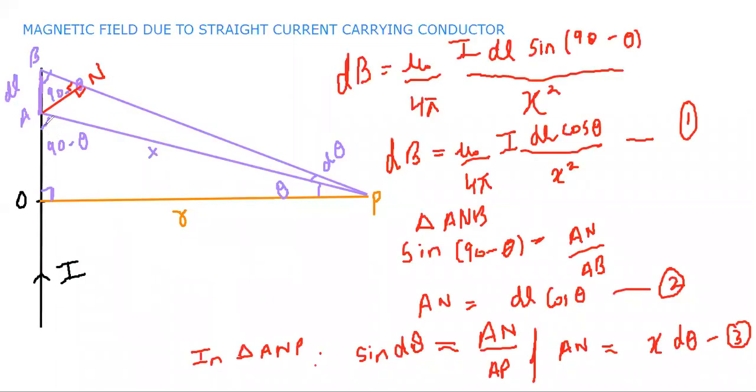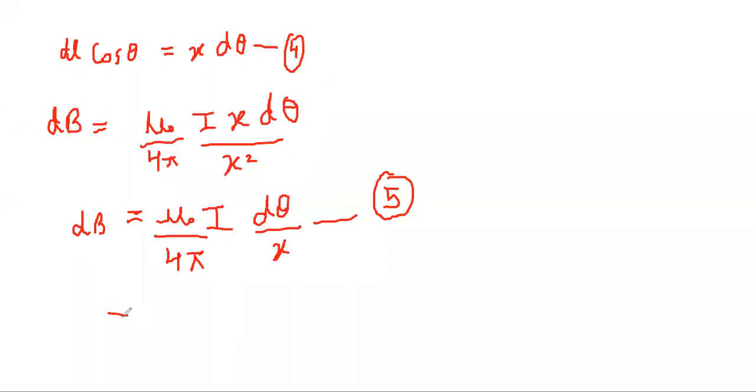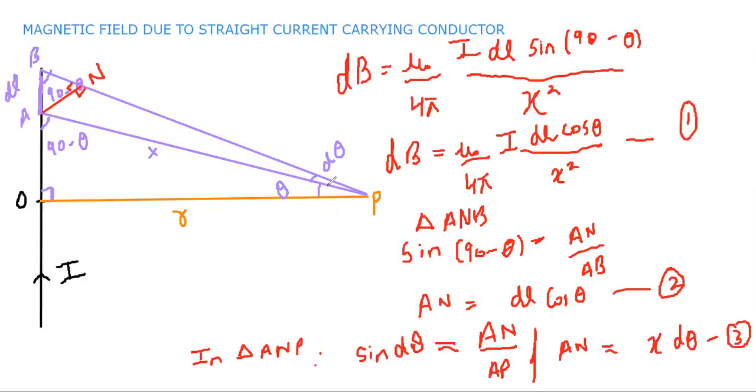Now if you see this triangle AOP, so in triangle AOP, if I use cos theta, cos is base by hypotenuse. So in triangle AOP, cos theta, for angle theta, base is OP by hypotenuse, that is AP.